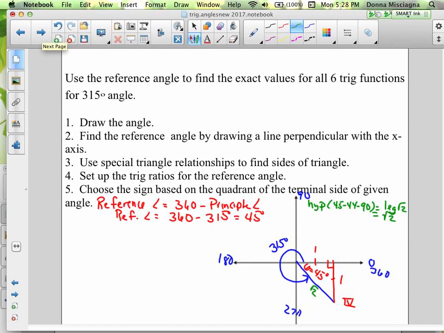All right, so now we need to label our sides relative to our angle theta here, relative to our reference angle. Across the triangle, the y value is the opposite. Adjacent to the angle, of course, is the adjacent side. And the hypotenuse is always opposite the right angle. All right, now that we have our sides labeled, we can identify all of our trig ratios.